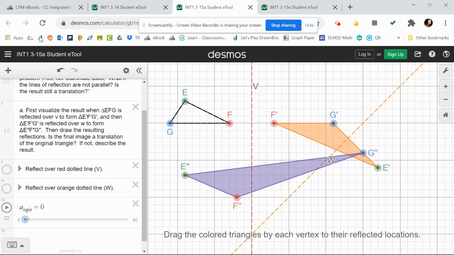Oh, sorry. Wrong one. This one was fine over there. Okay, there we go. So again, we're 1, 2, 3, 4. So 1, 2, 3, 4 right there.